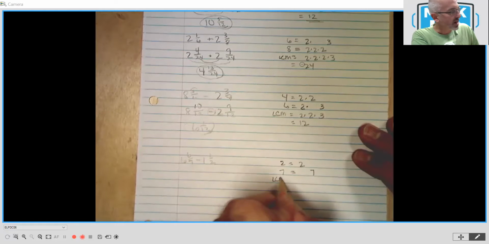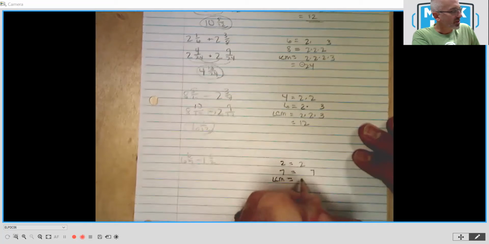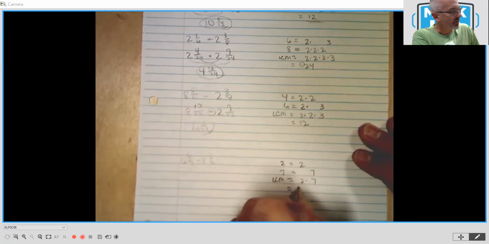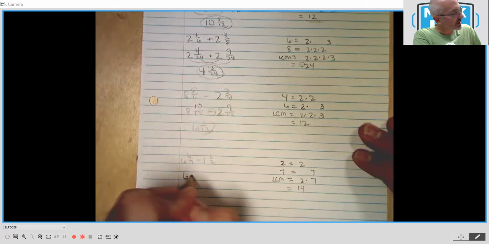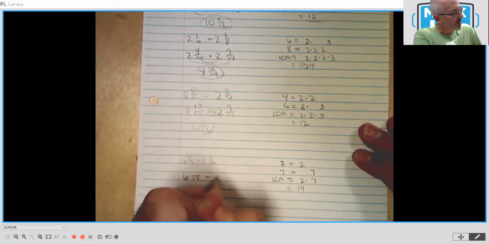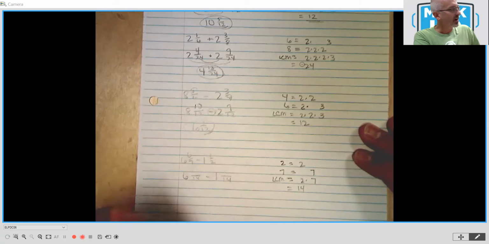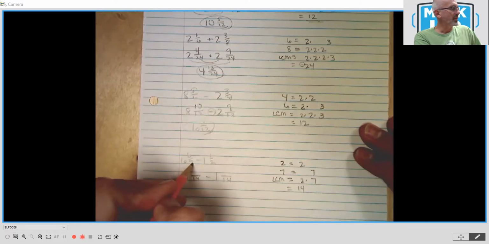So my least common multiple is 2 times 7, which is 14. So I'm going to rewrite the mixed numbers with the fractions being over 14. 7 to get to 14, we multiply by 2. Same thing with the 6.